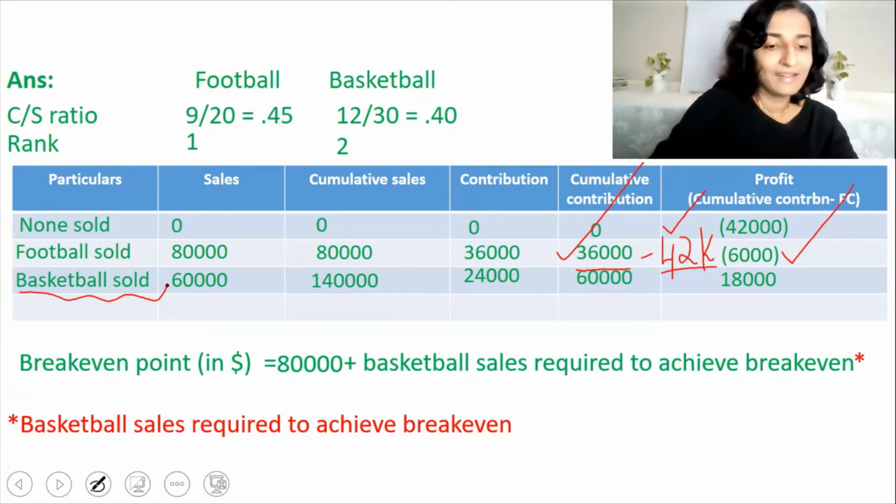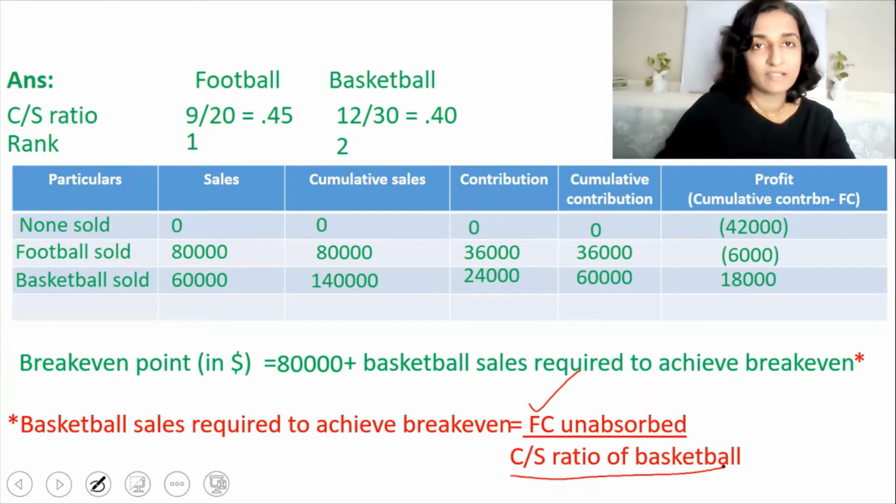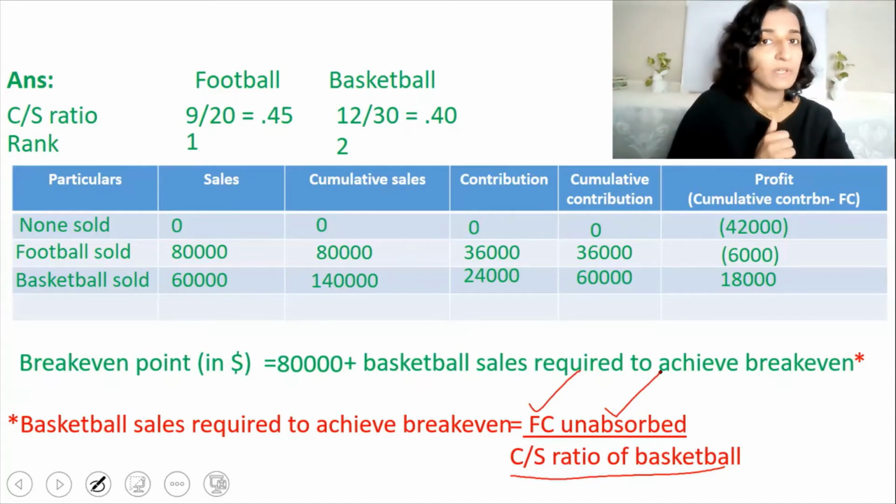So I will just write that formula. It is fixed cost divided by C/S ratio of basketball. Here we are going to add the terms fixed cost unabsorbed because just before the sale of basketball, what is the fixed cost that we have unabsorbed? So that is the formula that we are going to use here.